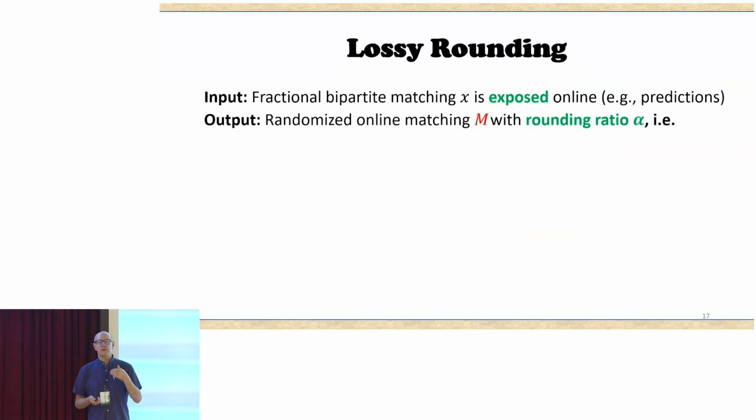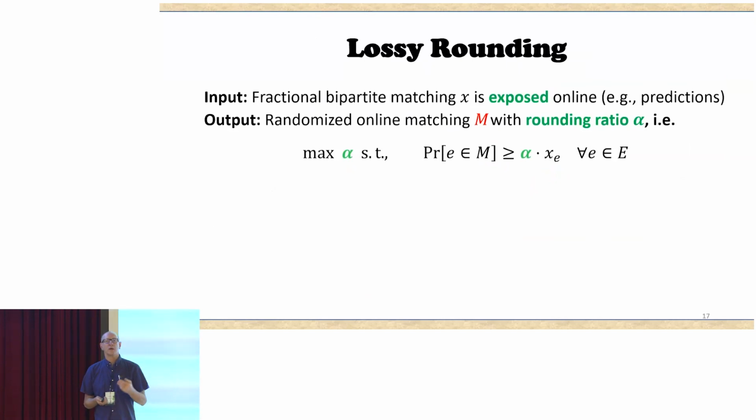Now, upon arrival of an online vertex with the fractional values attached to the edges adjacent to it, we need to round the new edges, and we want to lose as little as possible, meaning that for every new edge that arrives, the probability that that edge is going to be added to the matching is at least alpha times xe, the fraction that we received for edge e, and we want to maximize alpha.